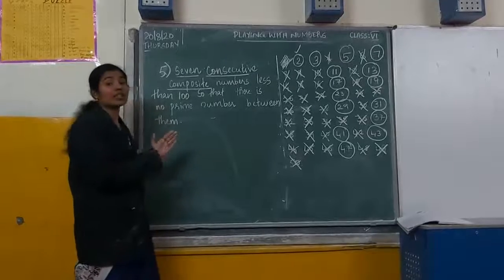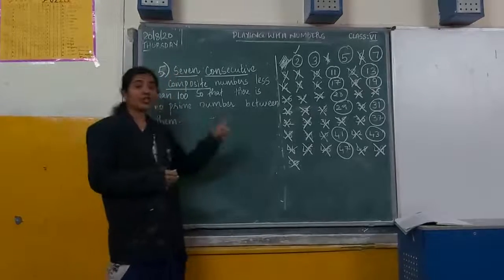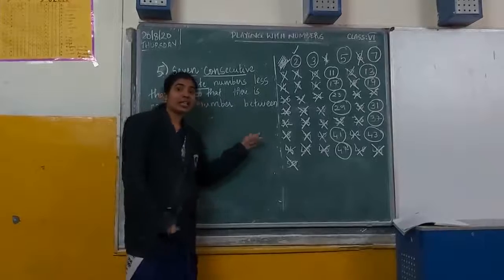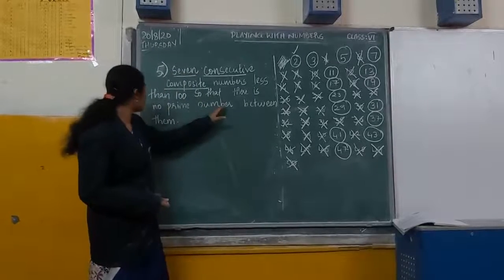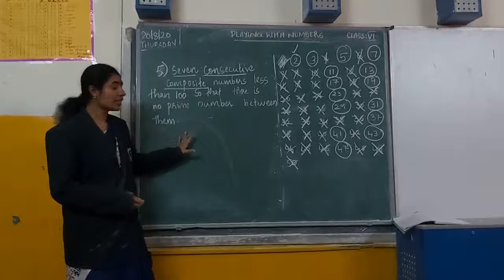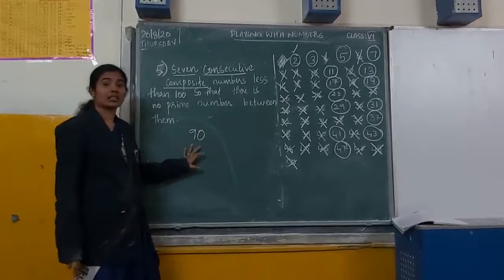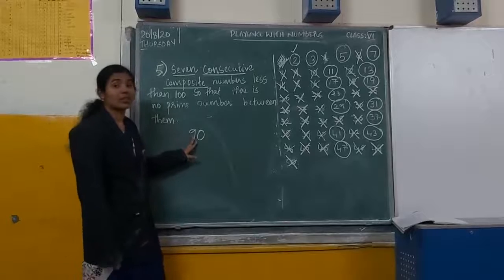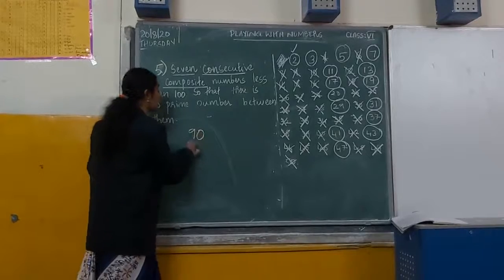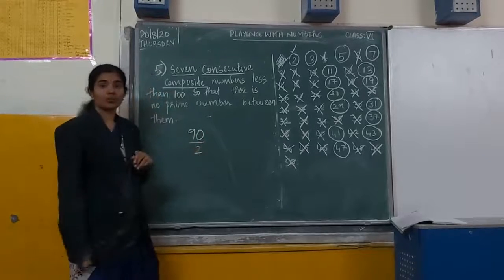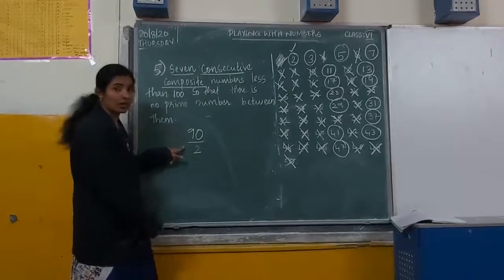Write 7 composite numbers, all less than 100, and in between no prime number should come. So which are they? What about 90? 90 is a composite number because it is divisible by 2.